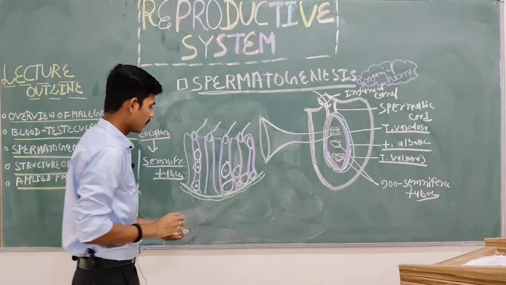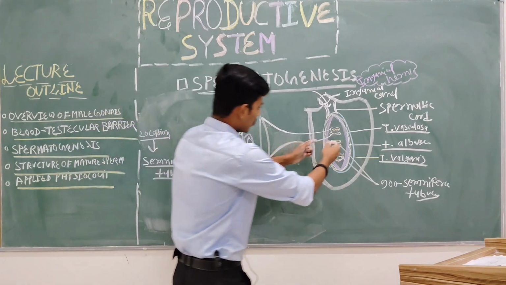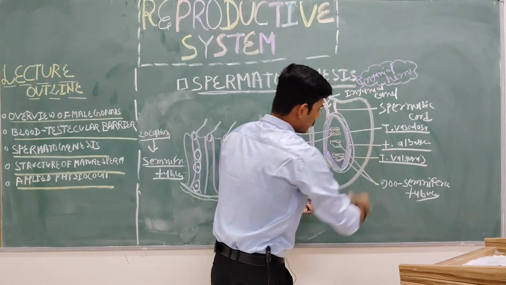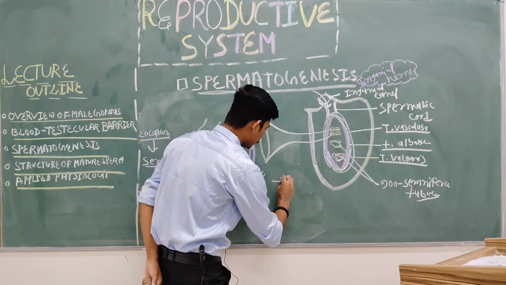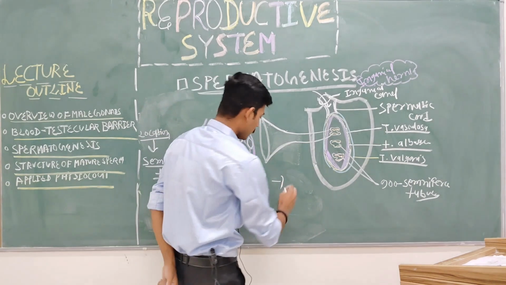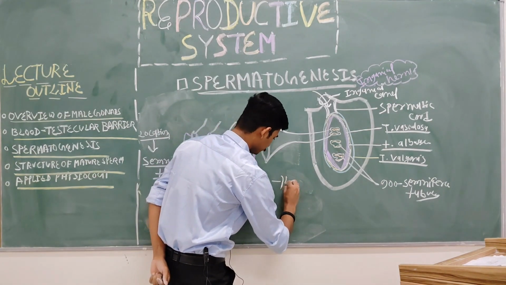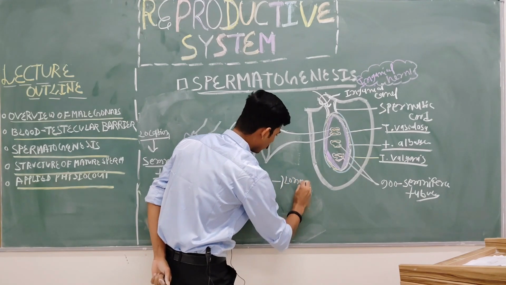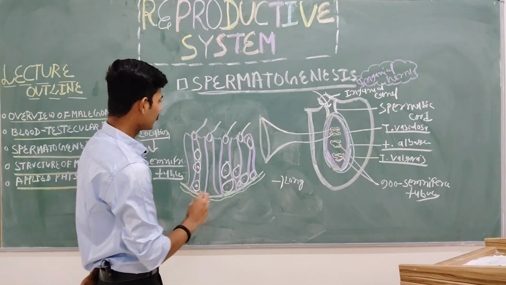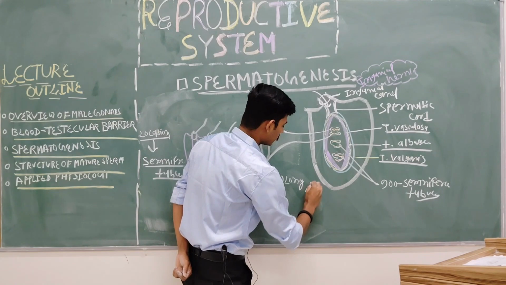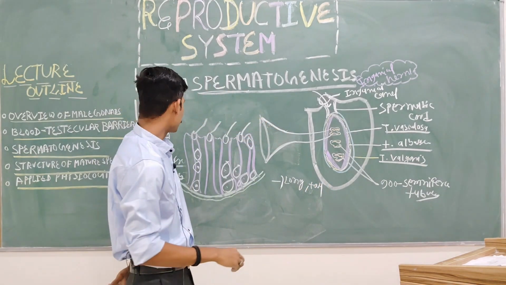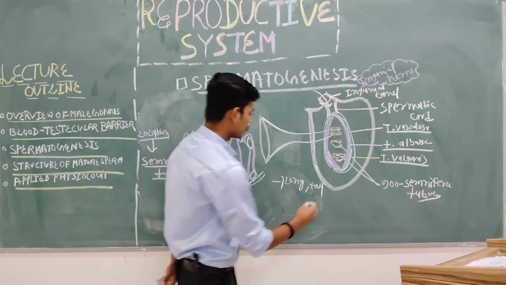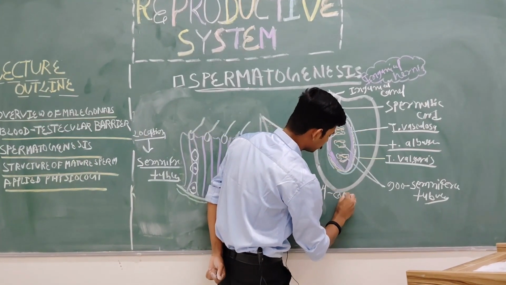So if we cut the seminiferous tubule and look, we see that it is lined by two types of cell. One is long, tall, and columnar in shape.